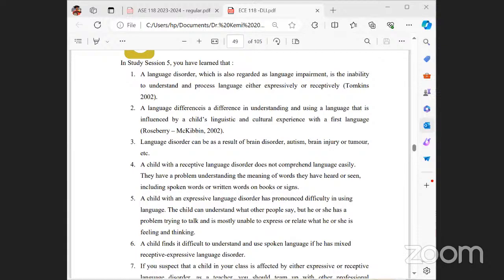Don't you think it is safe to refer this child to a specialist, so that this child can really be helped and you will follow proper guidance in helping this child? Because you are not a specialist in language disorder and you cannot help that child adequately. So I think the best thing for you to do is that, or don't you think so?